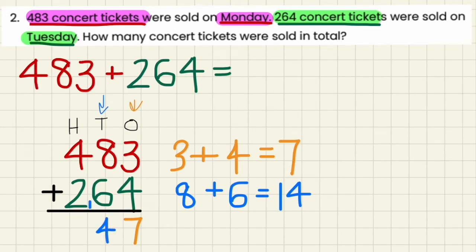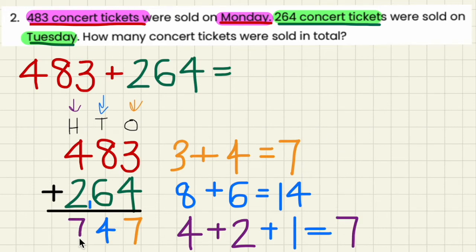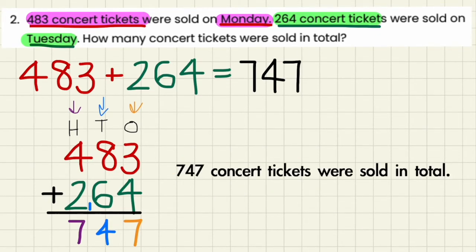So instead of adding only 4 plus 2, we would have to add 4 plus 2 plus 1. And 4 plus 2 plus 1 is 7. So our final answer for this question, 483 plus 264, is 747.